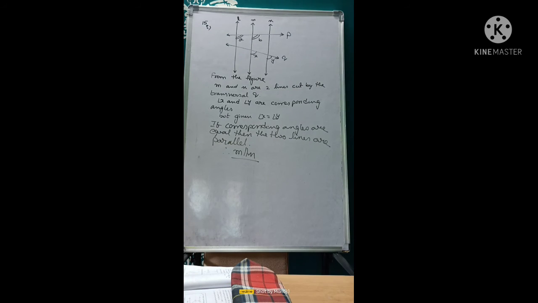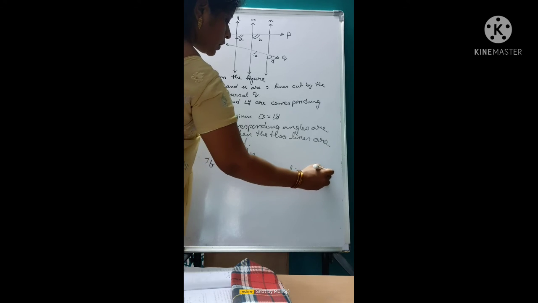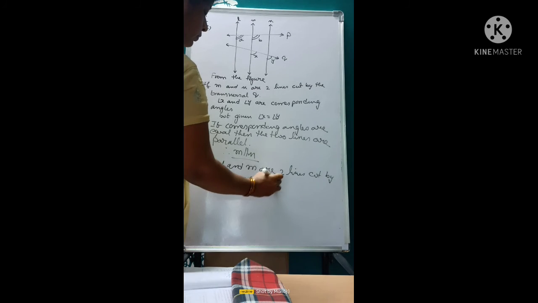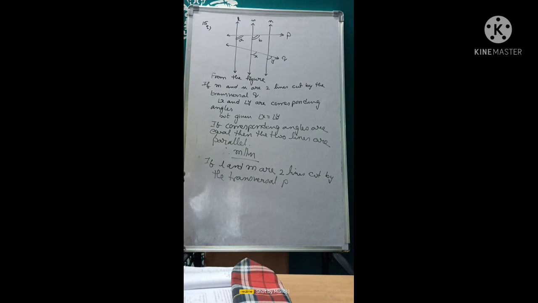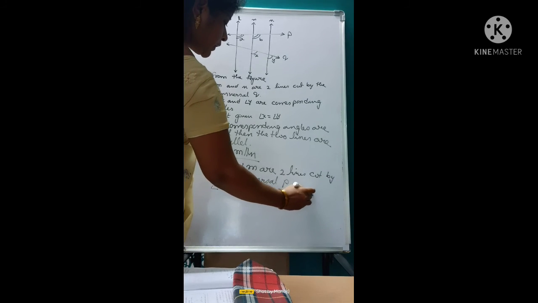So next. If L and M are two lines cut by the transversal P, angle A and angle B are corresponding angles.